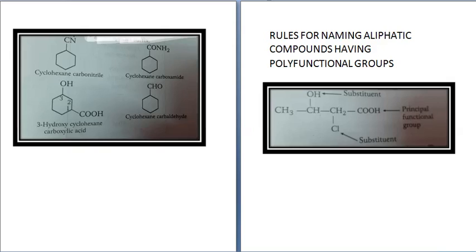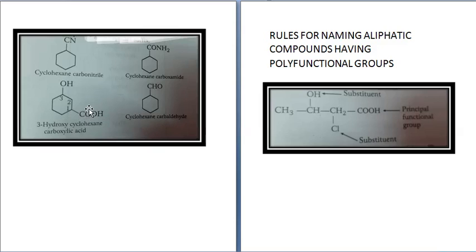Now this is a table which is showing special suffixes for carbon containing functional groups, like COOH, the suffix is carboxylic acid. CHO, carbaldehyde. CN, carbonitrile. COCl, carbonyl chloride. CONH2, carbonamide. Next we come to rules for IUPAC naming of some specific compounds of carbon containing functional groups.